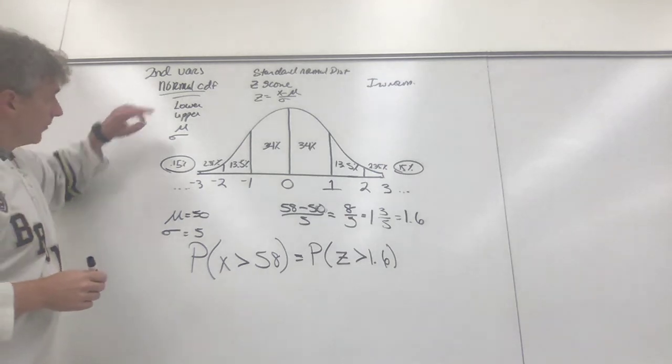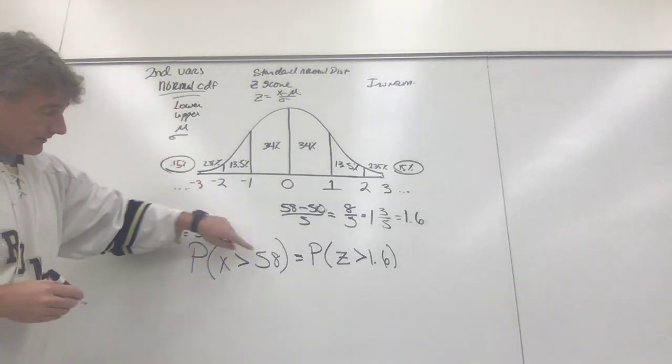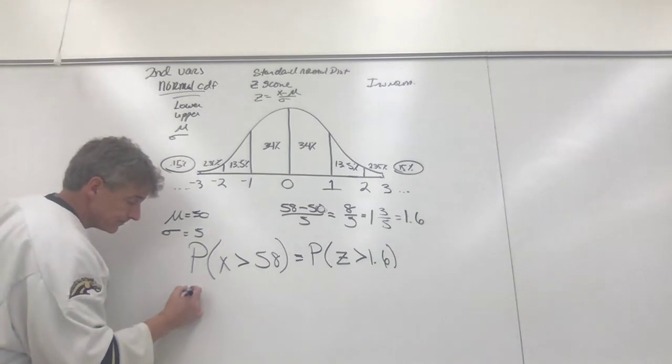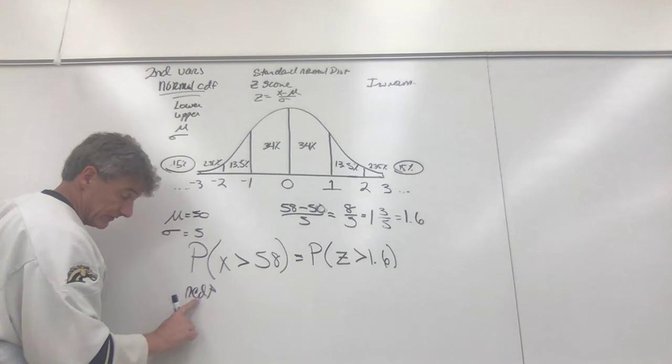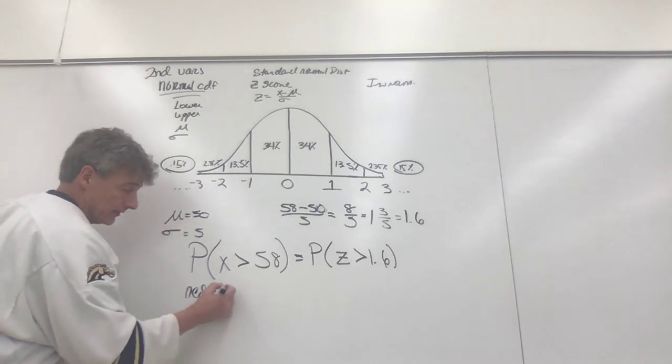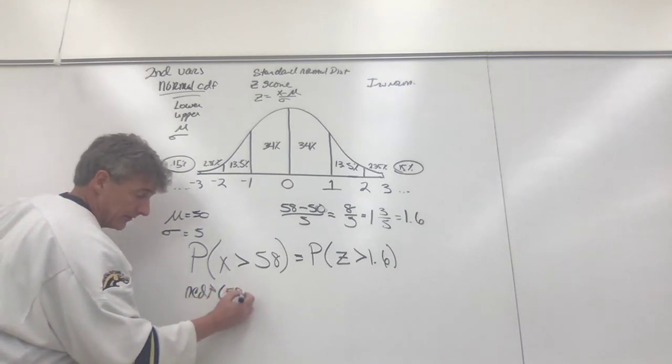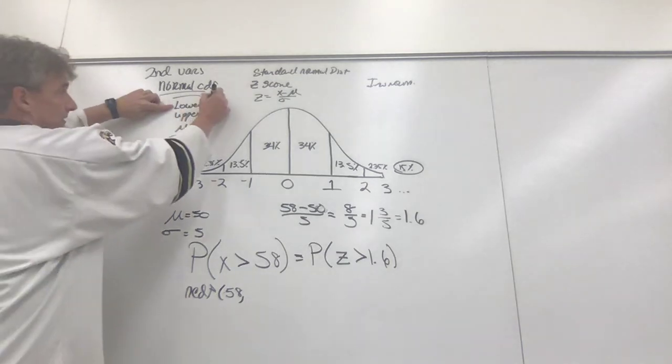And whatever your lower is, if you're in raw data land, your lower would be 58. We'd write 58 here on the lower.